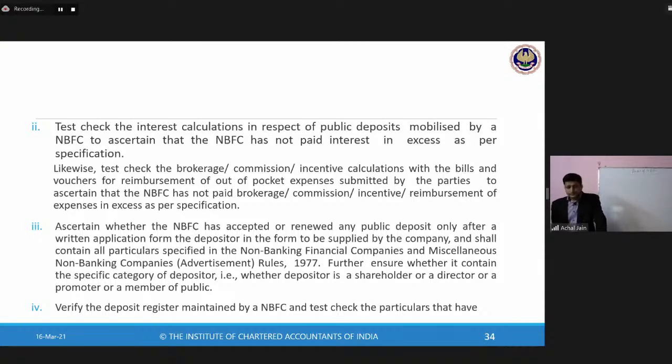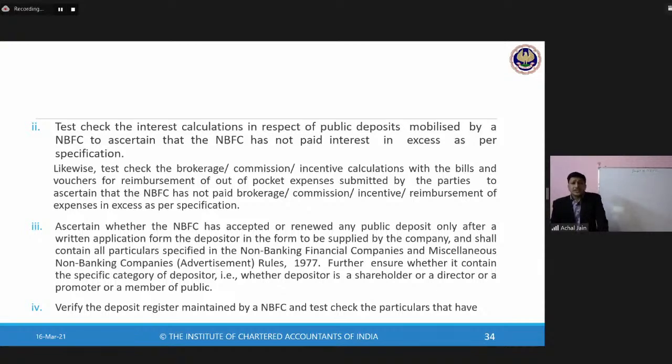And in terms of the P&L of the NBFC, what will be the most important item? The revenue. And what is the revenue of the NBFC? The revenue of the NBFC is nothing but the interest income on all of those advances. These two happen to be the most important areas for an NBFC.